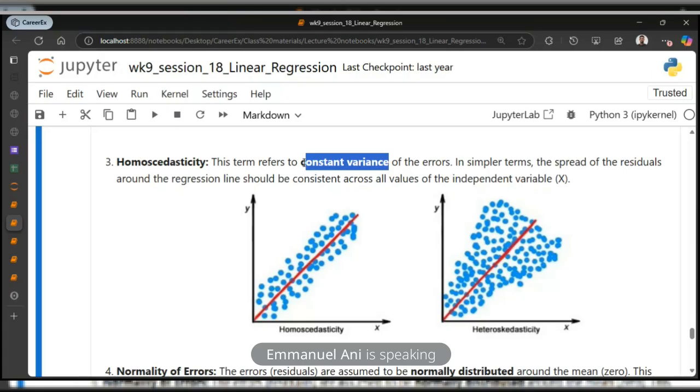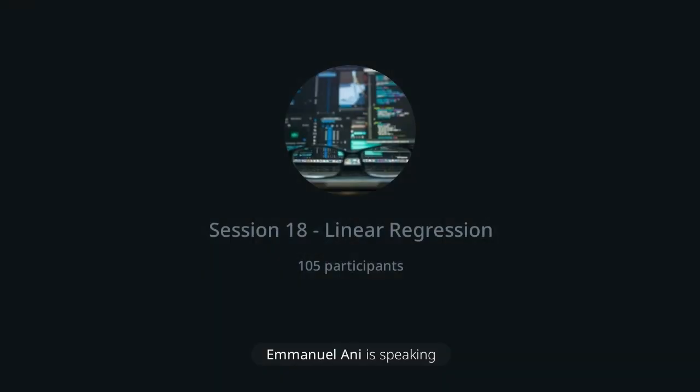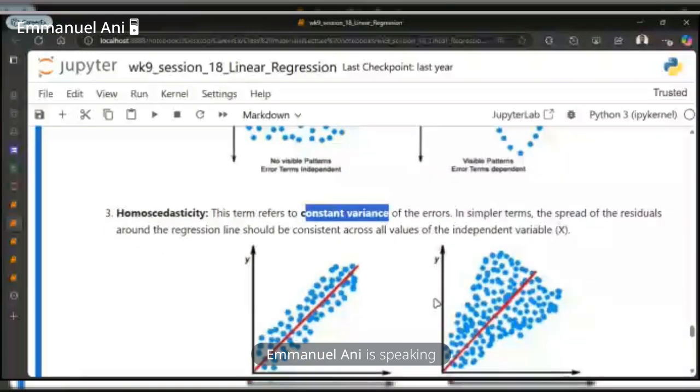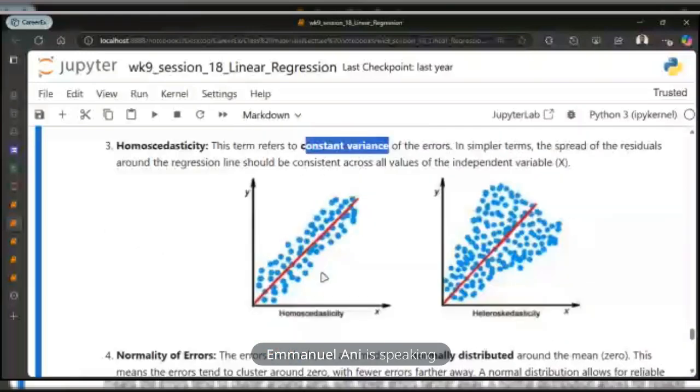Homoscedasticity is another assumption that looks at the variance of the errors. So we are still looking at the errors as well. If you plot the variance of our error, we will look at something like this. If we have this kind of spread, this spread shows us that the variance is constant.